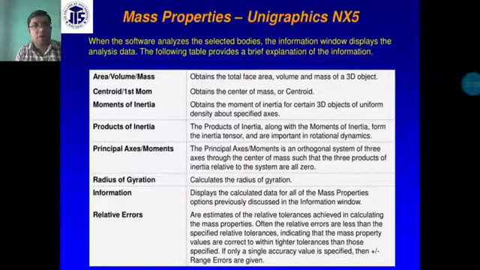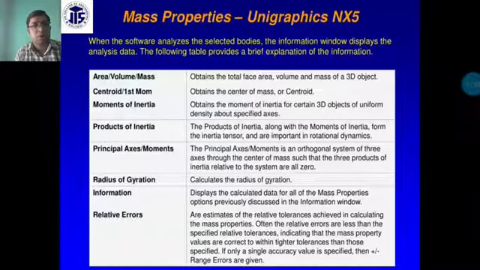The centroids and first moments obtain the centroid of mass, and the moment of inertia, that is, the moment of inertia about the centroid of a certain 3D object of uniform density about a specific axis. The second thing is the product of inertia, along with the moment of inertia from the inertia tensor, which matters for rotational dynamics.